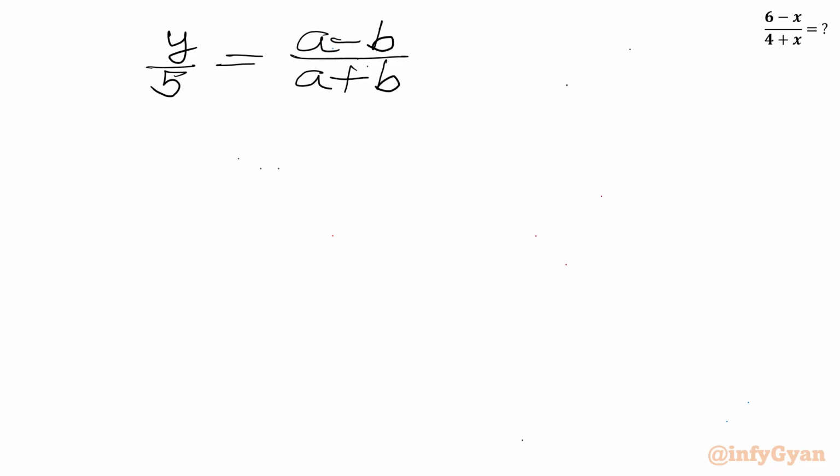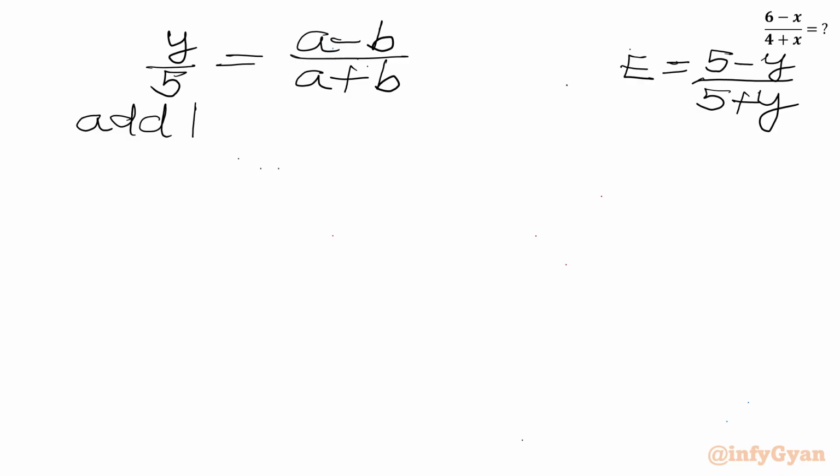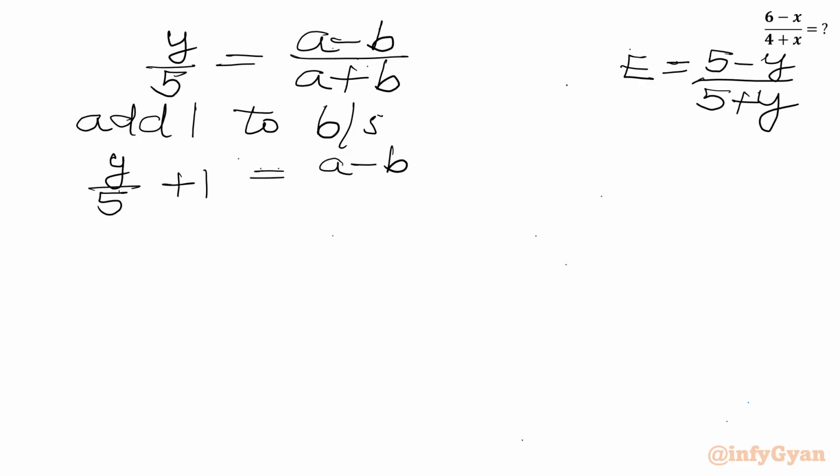Now our target expression is (5 minus y) over (5 plus y) in terms of y. Now I will add 1 to both sides. So I will write here y over 5 plus 1 equal to (a minus b) over (a plus b) plus 1.